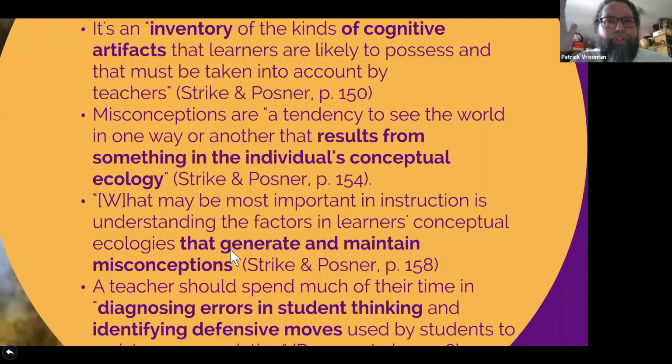You talk about differentiation. That's what this is. We're not talking about differentiating because I'm a visual learner. No, differentiation really is about thinking about what's in each individual student's conceptual ecology and what's getting in their way from learning.